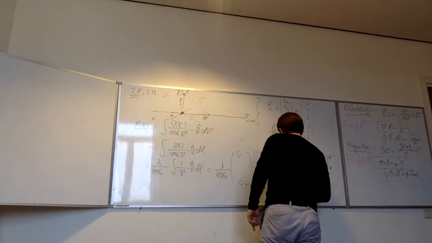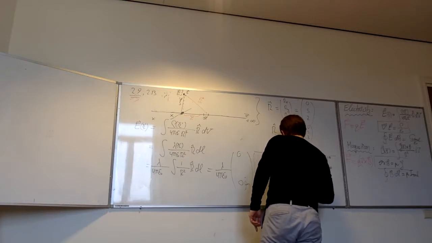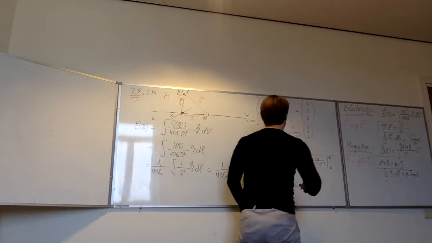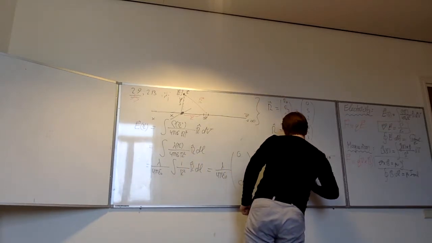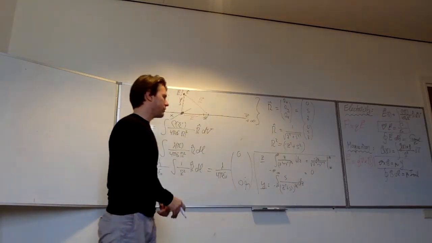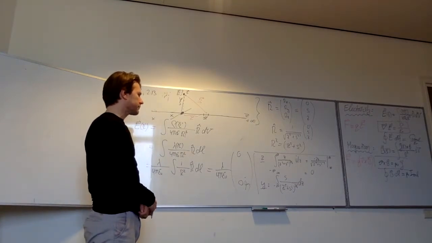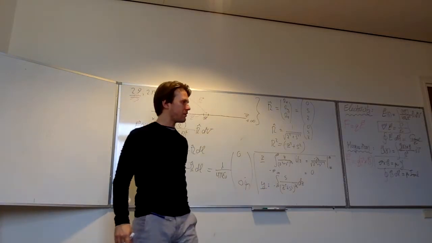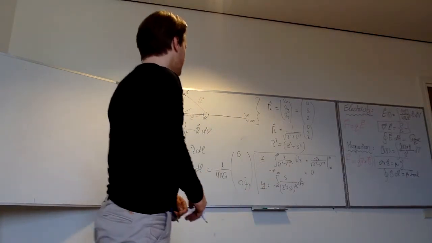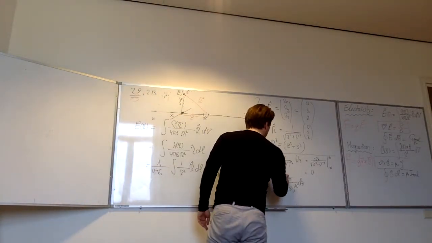Gives you z squared plus s squared, 3 over 2. And the s I already put there, and of course you have to integrate over dz. That's the one. Now the s of course goes outside of the integral, because it's not an integration variable. So really the integration that we end up with is just this one.